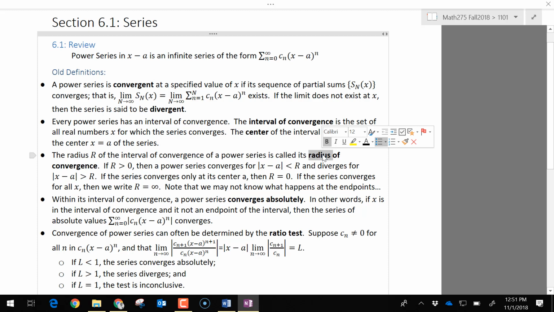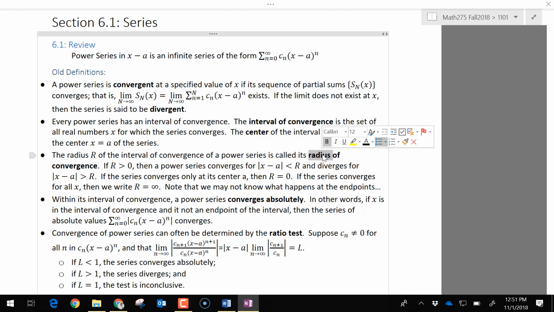The radius of convergence of a power series is some positive value measured from the middle to the edge of where it converges, because your infinite series is going to converge within that radius, and outside of that radius, you're guaranteed that your power series is going to diverge.